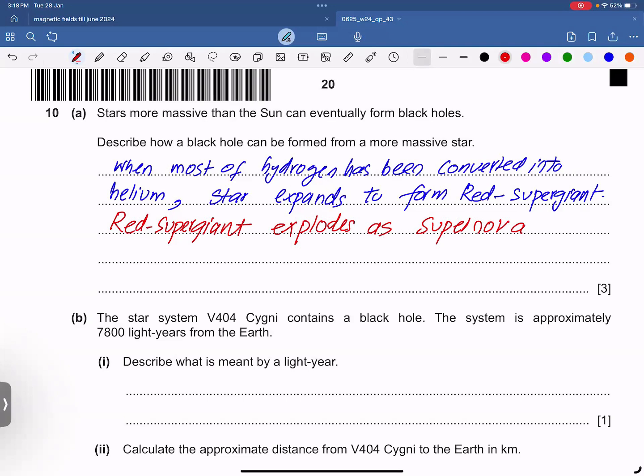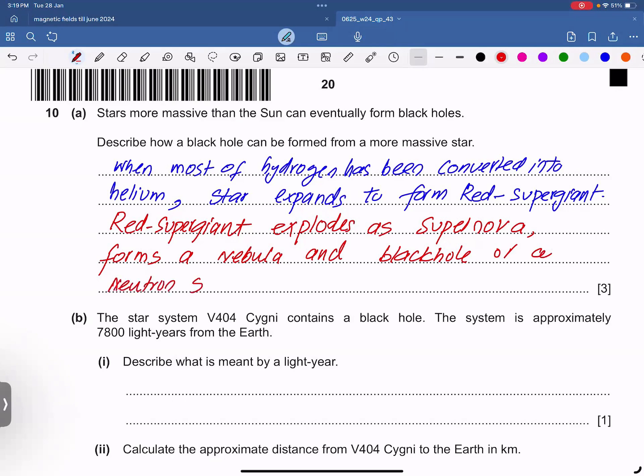When it explodes as a supernova, it forms a nebula and a black hole or a neutron star. But neutron star, you don't need to write. They ask you about the black hole.